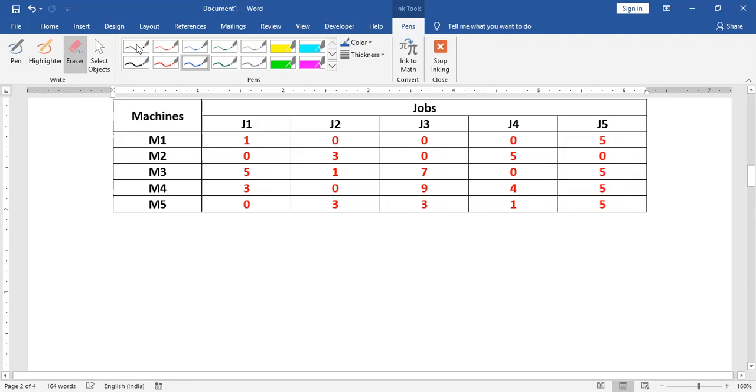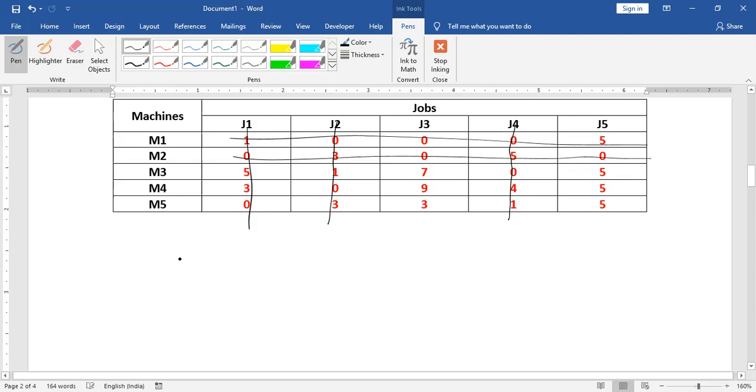Suppose you draw a line like this, this is 3, this is 2, this is 2, and 1 remains. You can draw like this. For the remaining 1, you can draw either horizontal or vertical, it doesn't matter. Again, we have 5 lines, so it doesn't matter.